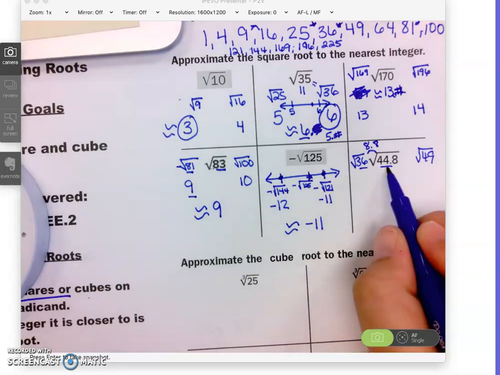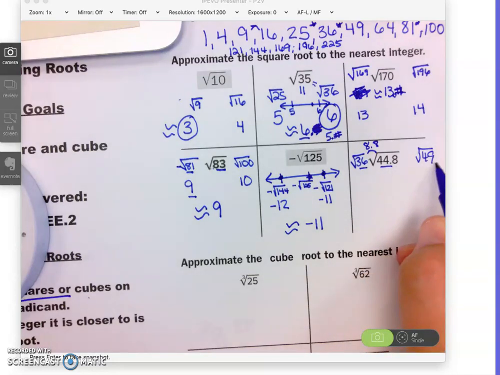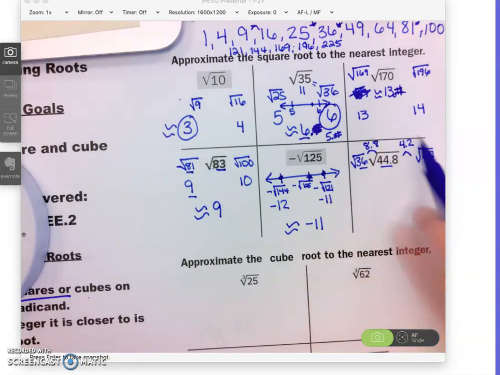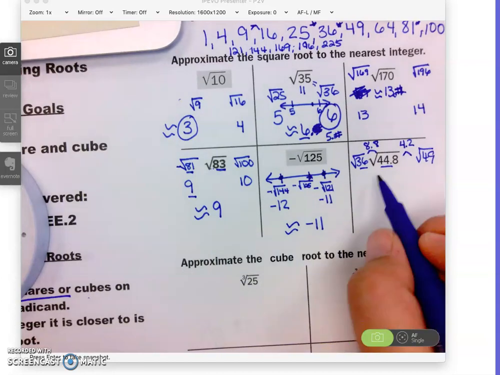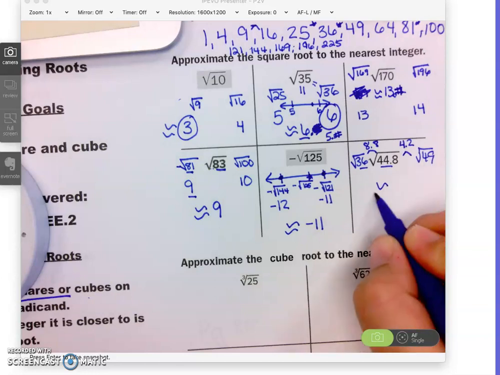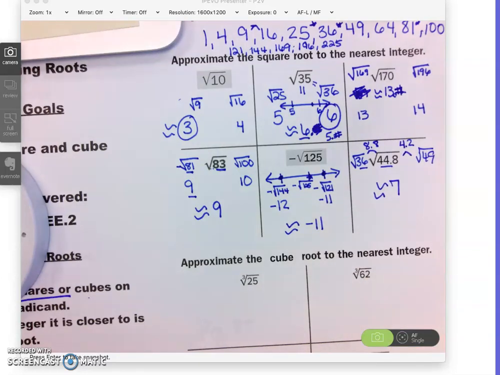And then 44 and 49, well, 45 to 49 is 4, so I have to go up 4.2. Now some people might be able to see that right away. I sometimes have to look at it a little more deeply, and that's okay. Okay, so what number is it closer to? It's going to be closer to the square root of 49, which is 7.